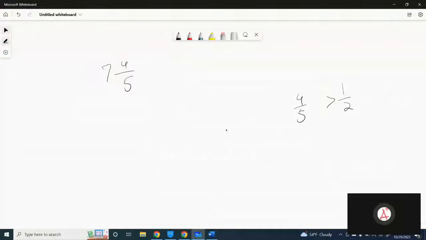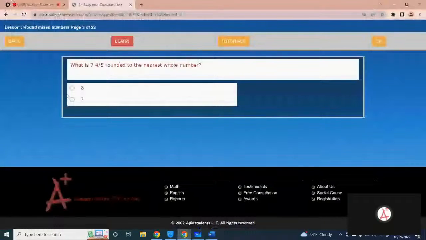Got it? That means you have to round up. So just remove the fractional part and add 1. Yes, very good. It is 8. So select the correct option and then click on the OK button.